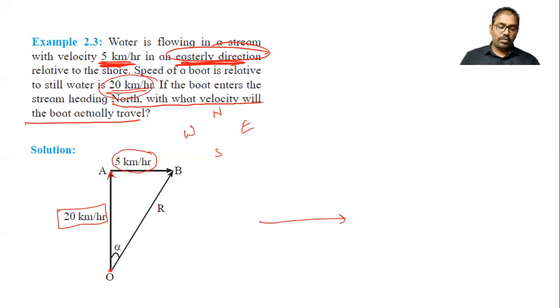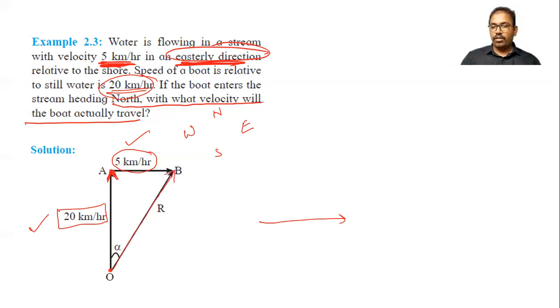The boat enters the stream heading north. So this is the speed of the boat, this is the speed of the water, and the actual speed we have to find out.